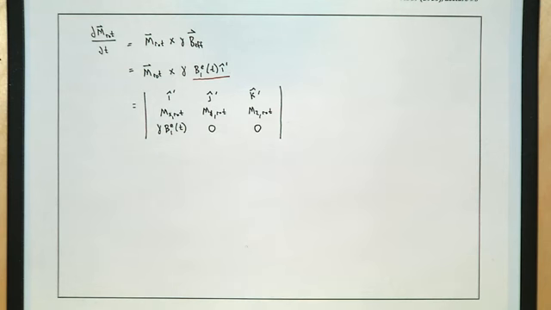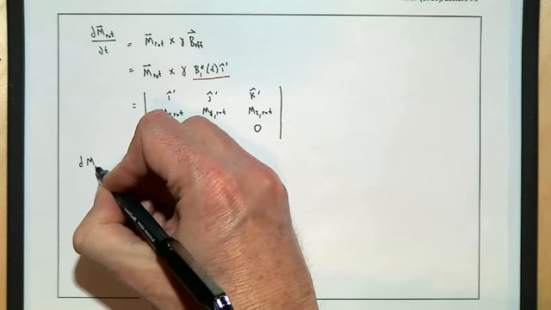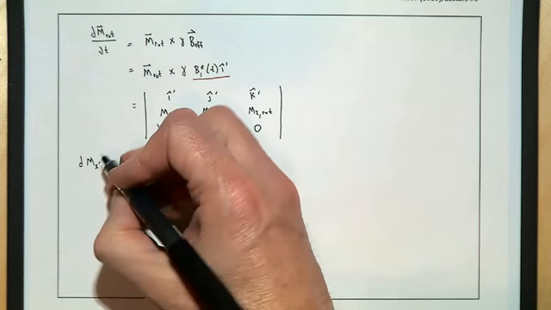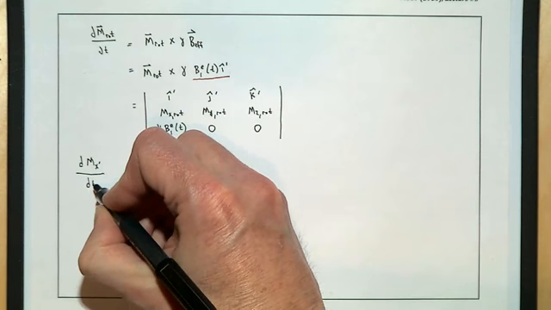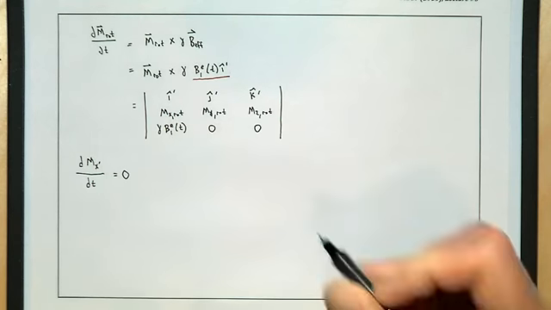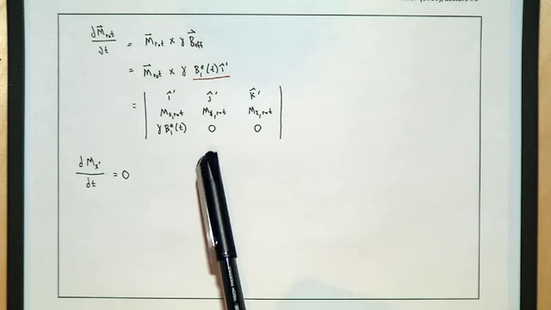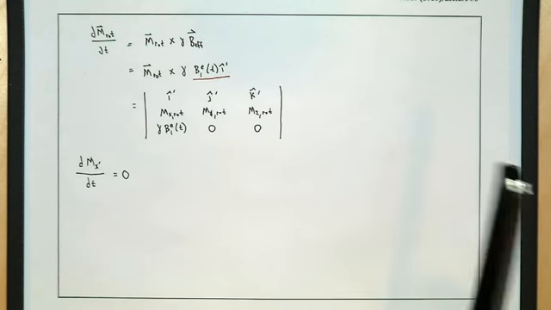This looks already a lot like free precession in the lab frame. We can write out the actual individual expressions if you want. So I'll call this dMX prime dt, just a little bit shorter hand, is equal to 0. So the cross product along the I hat prime direction just gives me MY rot times 0 and MZ rot times 0.